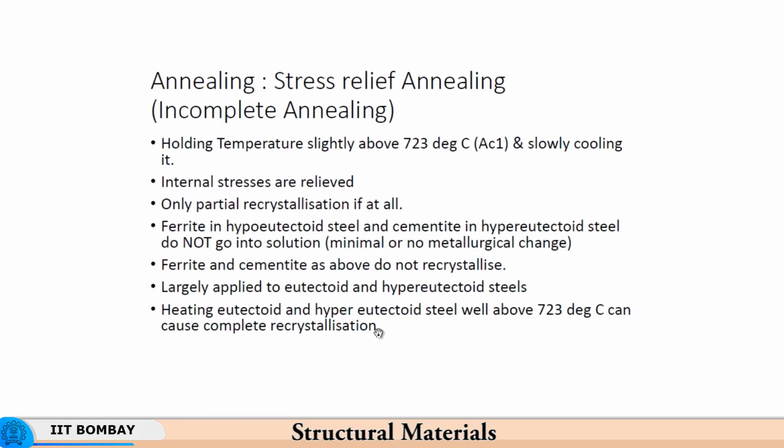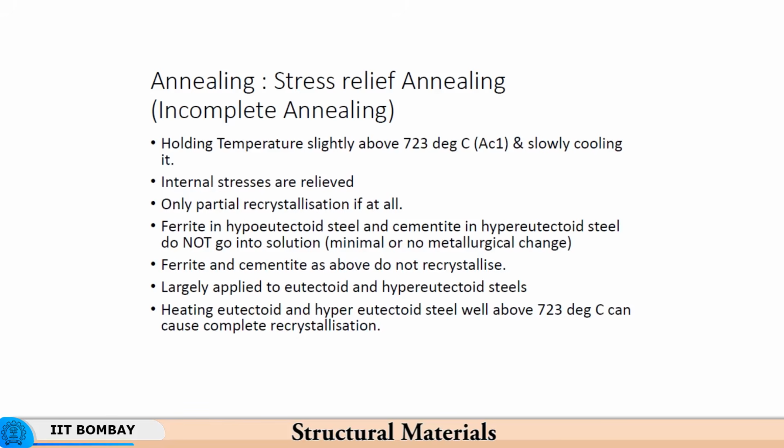And so, ferrite in hypoeutectoid steel and cementite, none of the microstructural elements go into solution. So, you do not get an austenitic phase as such. As I said, when you talk about hypoeutectoid steel or hypereutectoid steel, then the temperature for austenitization is much higher than 723 degrees centigrade.